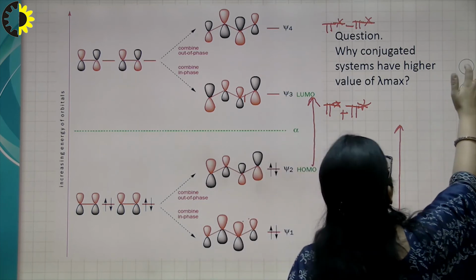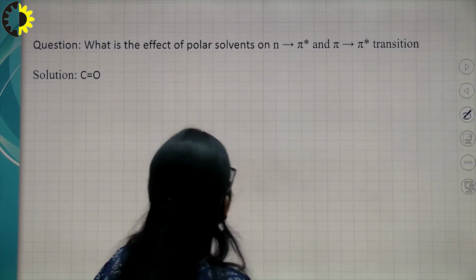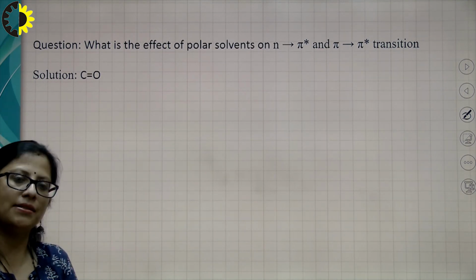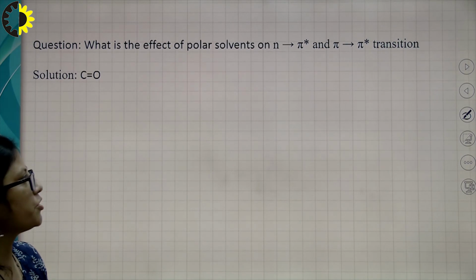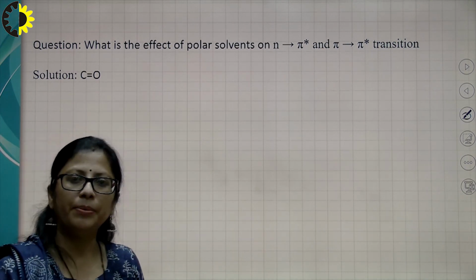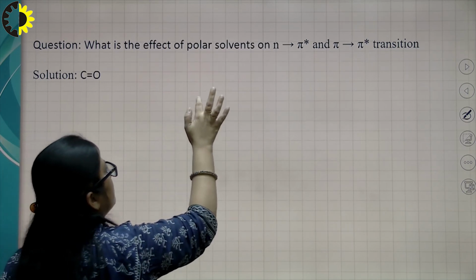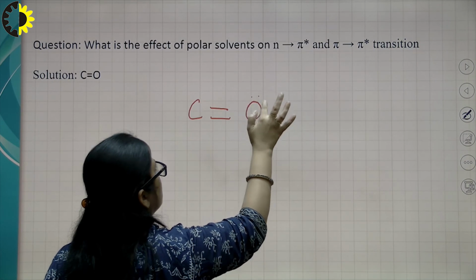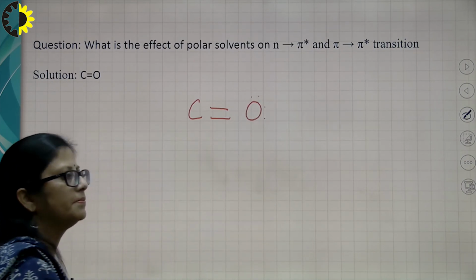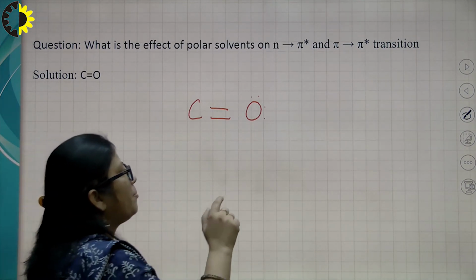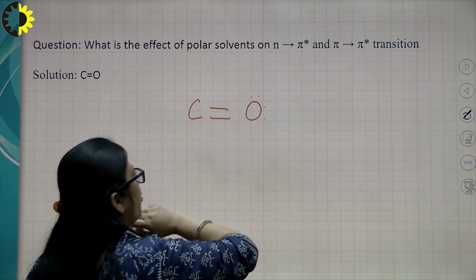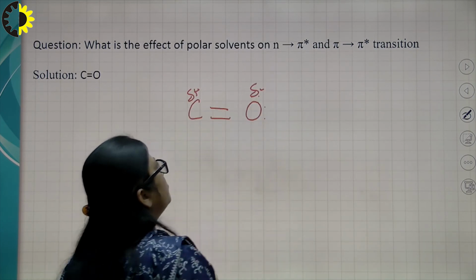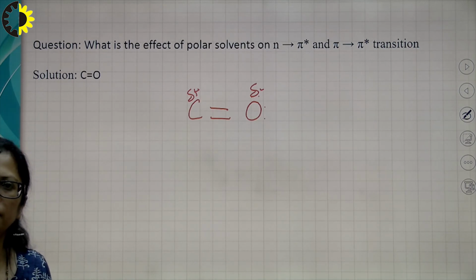Now, next question comes, what is the effect of polar solvents on n to pi star and pi to pi star transitions? I have taken one example of C=O. Now, if I take a polar solvent, the C=O bond is polar, carbon is delta positive and oxygen is delta negative.